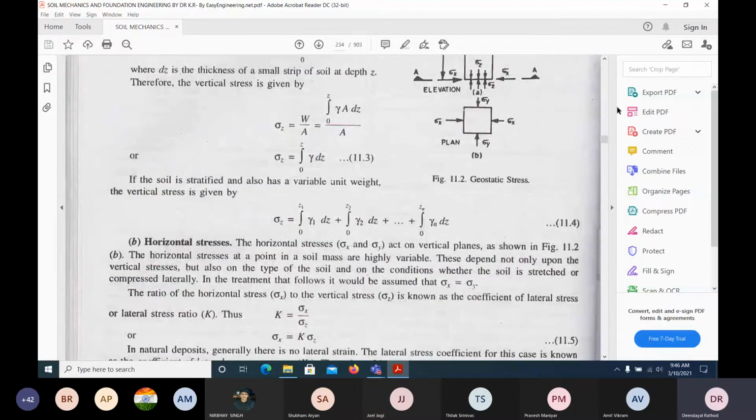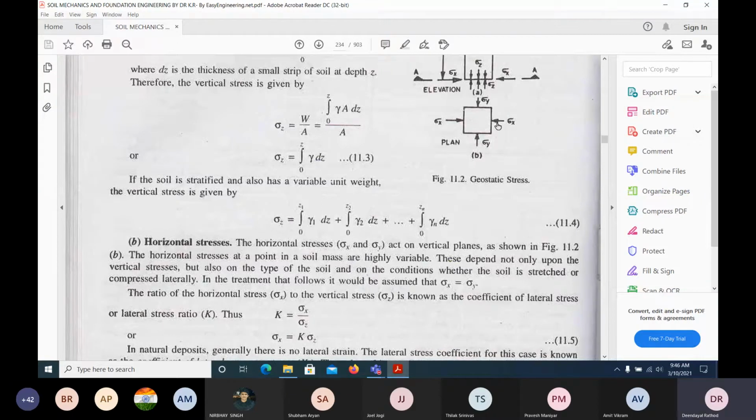How can we find out the horizontal stresses here? Sigma x is just correlated to the sigma y only, because it depends on the y only. If this is more, this would be more. If this is small, this would be small, because all are confined, is it not?